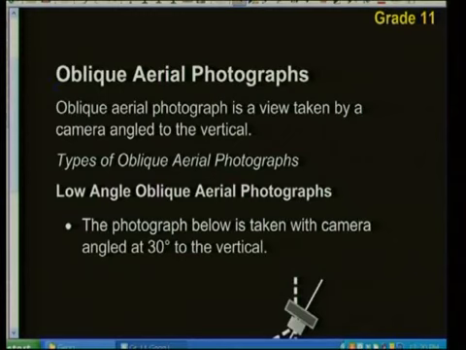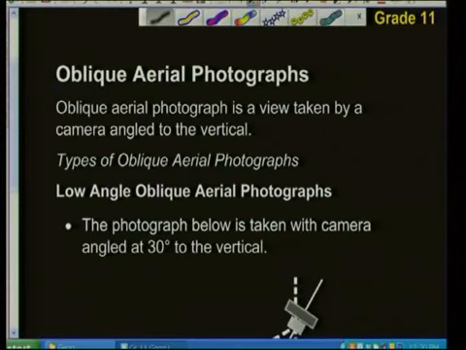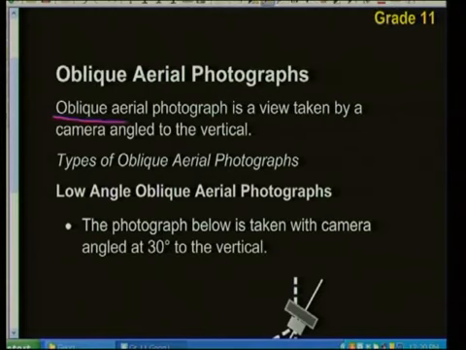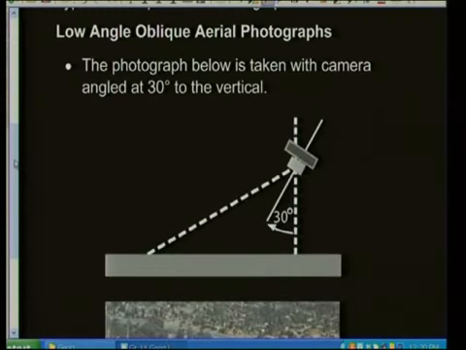As we mentioned earlier on, oblique aerial photographs are photographs taken at an angle to the vertical aerial photograph. For instance, if I look at this photograph, you can see the angle. There's your camera, and there's the angle that it's taking it at.